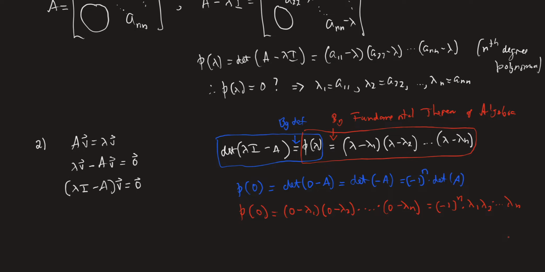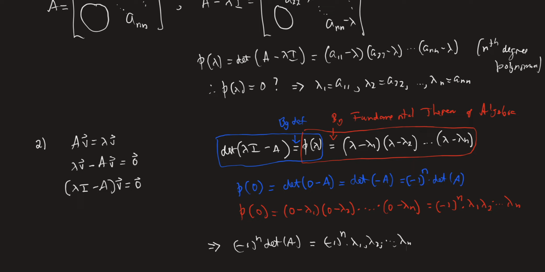But what is this telling us? So what we've done essentially is we've expressed this polynomial in two different forms, right? But it's the same polynomial, and we evaluated both forms at the same value of 0. So this implies that the -1 to the n times the determinant of A has to be equal to -1 to the n times lambda 1 times lambda 2 times dot, dot, dot, times lambda n.